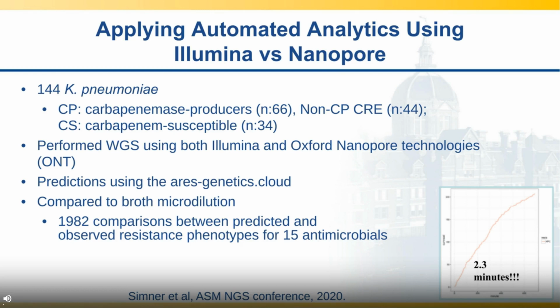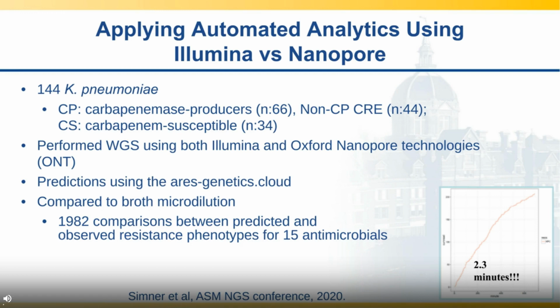So what we did in collaboration with Ares Genetics is took 144 of our Klebsiella pneumoniae, including carbapenemase and non-carbapenemase producing, as well as carbapenem susceptible isolates. And as you recall, in my research lab, we do that hybrid assembly.